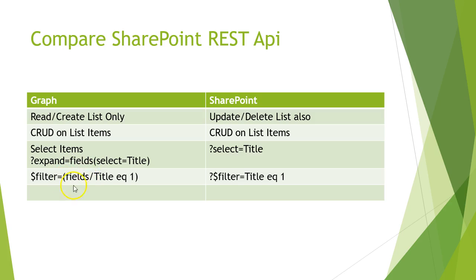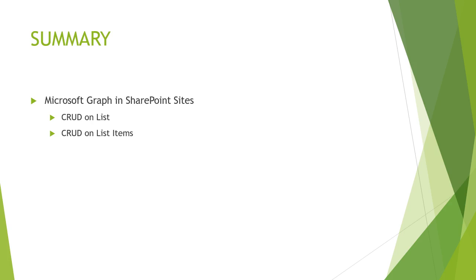We don't need to use the keyword fields. So Graph has minimalistic but commonly used operations, and I hope you enjoy using Graph to create many applications, be that add-ins in Office or Microsoft SharePoint Framework apps or any other app.